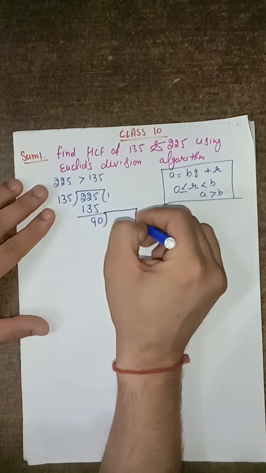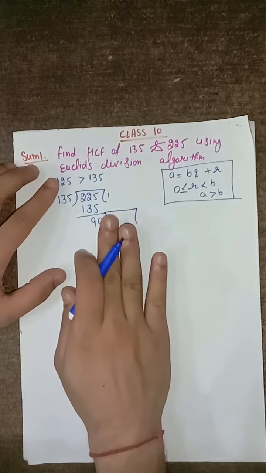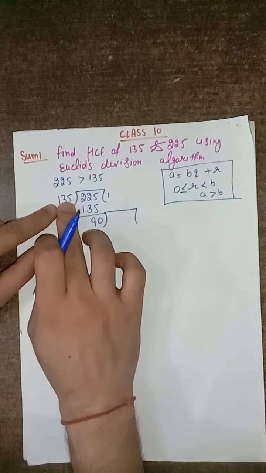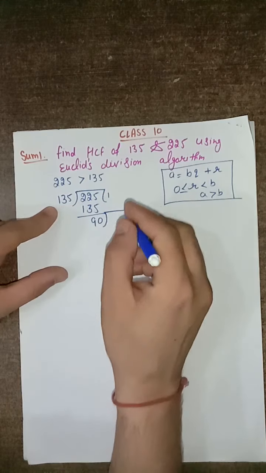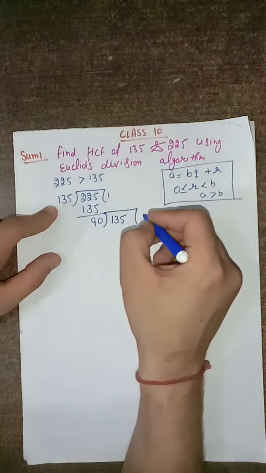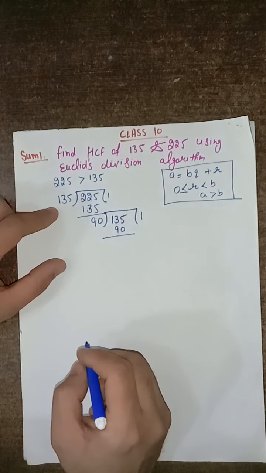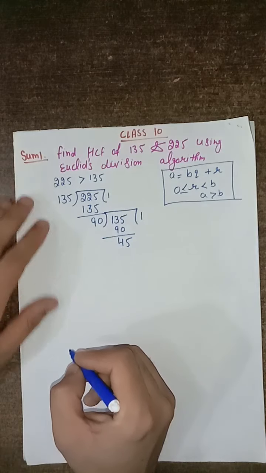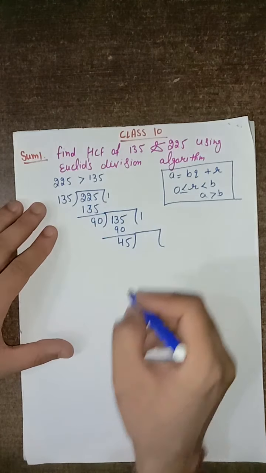So again, Euclid's division lemma will be applied on this divisor and this remainder, and since the divisor is greater than the remainder, the divisor becomes the dividend. Now the quotient will be 1 and the remainder will be 45, but the remainder is not 0, so apply Euclid's division lemma again.